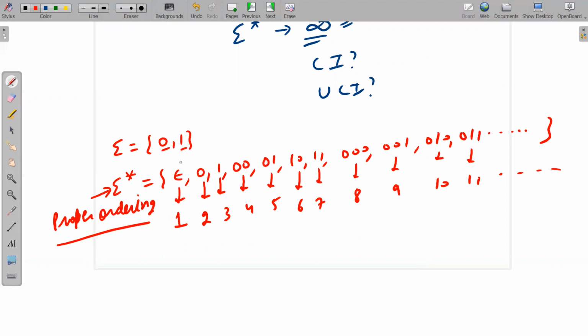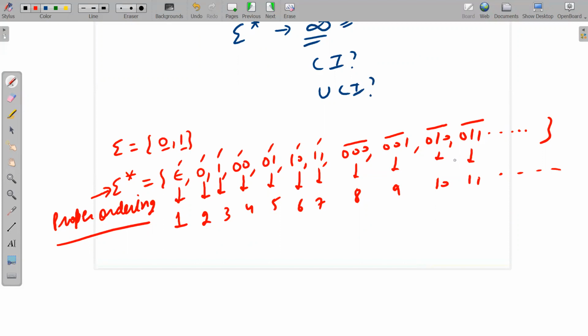So null is the 0 length string, then the 1 length strings 0, then 1, then the 2 length strings: 00 first, then 01, then 10, then 11. Now 2 length strings are over. Then 3 length strings: I will start with 000, then 001, then 010, then 011, and so on.